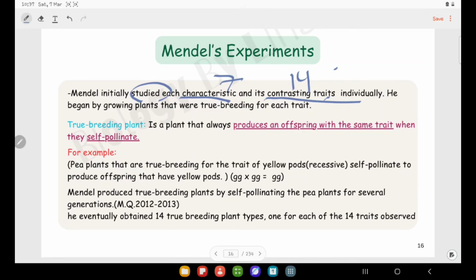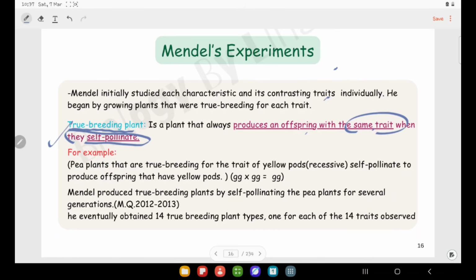But what he did first, he grew the plants that were true breeding for each trait. What do you mean by true breeding for each trait? True breeding, we can say, is homo or pure plants, those plants that always produce offspring with the same trait when they self-pollinate. Very important. So we can obtain true breeding by self-pollination, but for several generations.